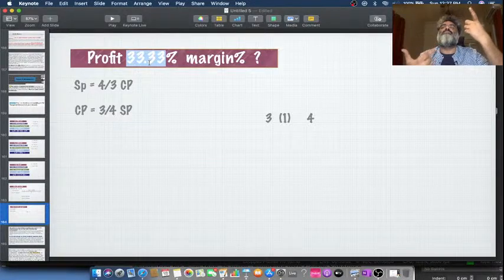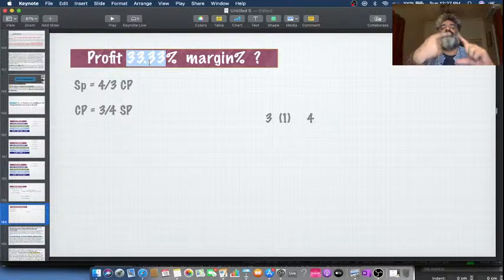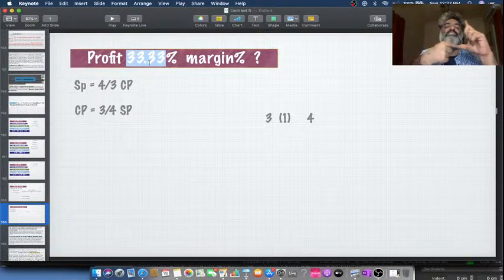Think of what profit percentage means. It means P upon CP. So if you say it's 1 by 3, profit is 1, CP is 3, it should be visible on screen as well. And now if you say CP is 3, profit is 1, what is the selling price? 3 plus 1, 4. So what is the margin?